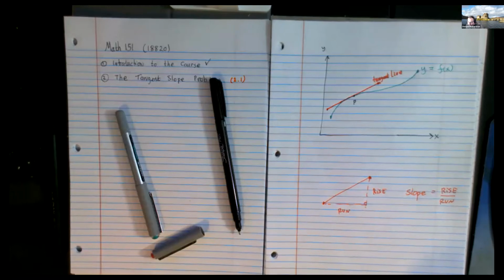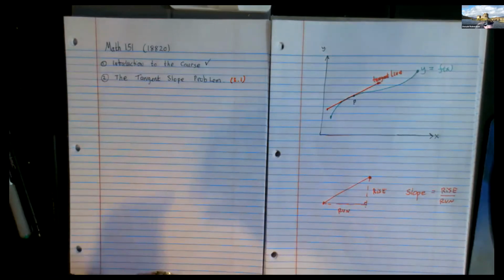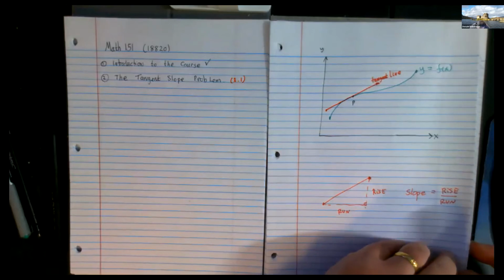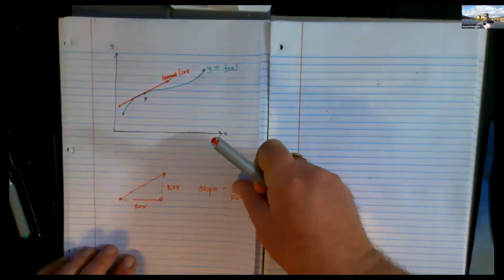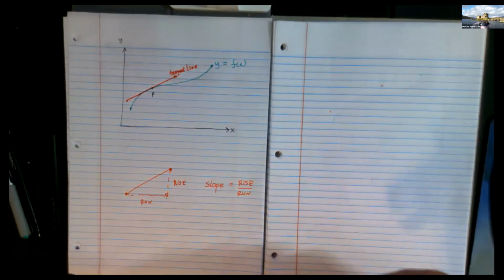It's amazing how some of the simplest things can generate some of the most useful pieces of math. So let's see how we're going to tackle this tangent line problem. Well, we're going to start from an engineer's perspective. Nothing wrong with that. It's a good way to start.